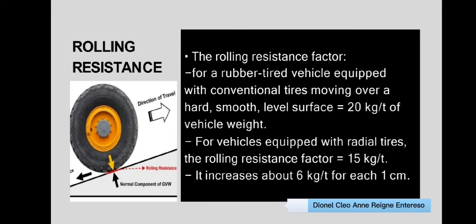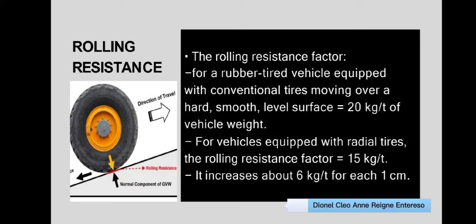The rolling resistance factor for a rubber-tired vehicle equipped with conventional tires moving over a hard, smooth, level surface is equal to 20 kg per metric ton of vehicle weight. For vehicles equipped with radial tires, the rolling resistance factor is equal to 15 kg per metric ton. Then, it increases about 6 kg per metric ton for each 1 centimeter of tire penetration.